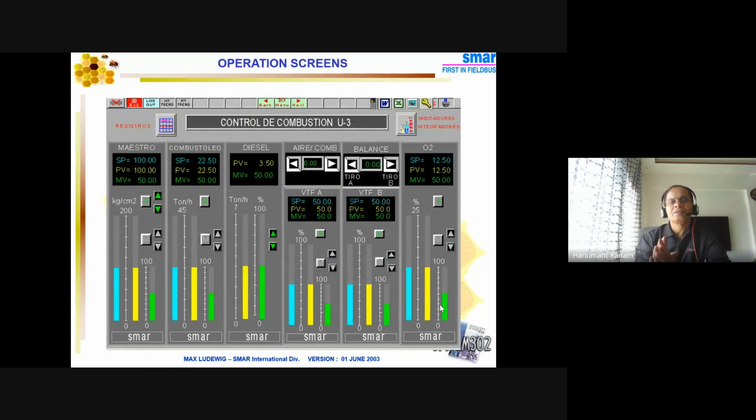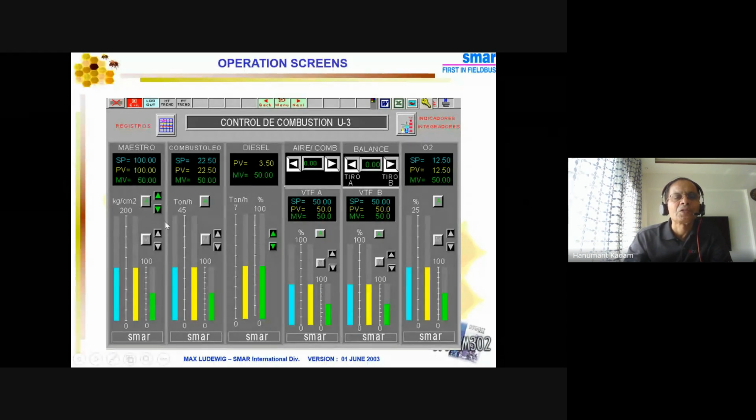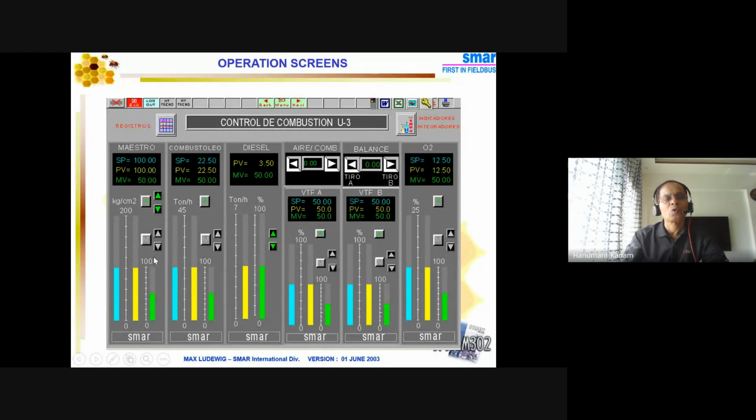Critical loop control trend. This is a combustion control area. So this is the one controller, second controller, third controller, and you can see there are graphics here: process value, set value, output here, and you can have auto, manual, and you can adjust. See, set point is 100, PV is 100.